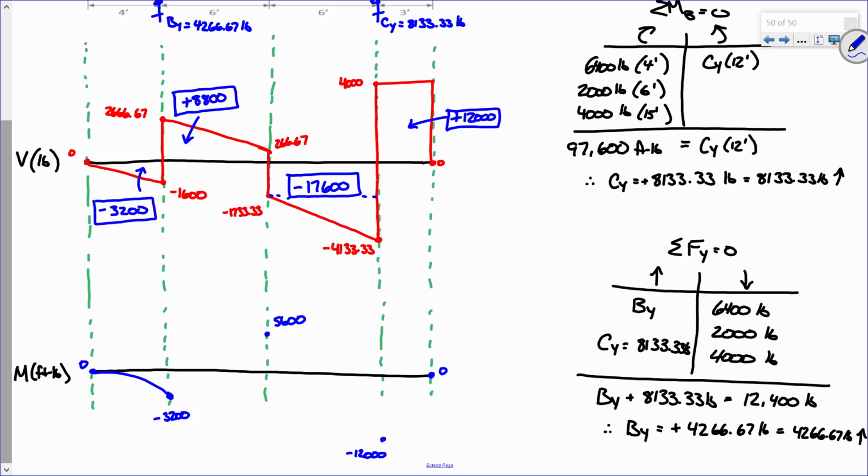Sound good? Now the next region. Backwards, because we're going from a lot to a little. So I propose we go a lot to a little. Sound good? I propose our moment diagram in this region looks like that. That makes sense?